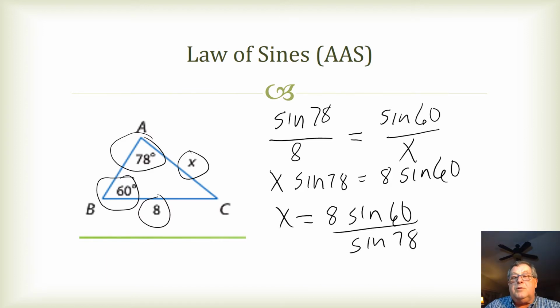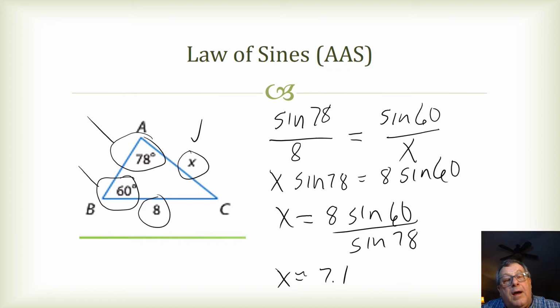We're going to round to the nearest tenth. And so X is approximately equal to 7.1. So we found this side right here using the law of sines. We had angle, angle, side, and we could use that to find the missing side measure.